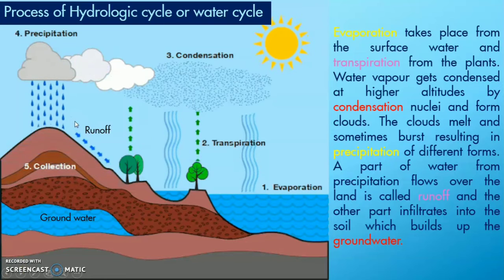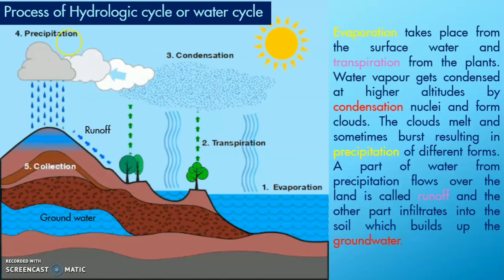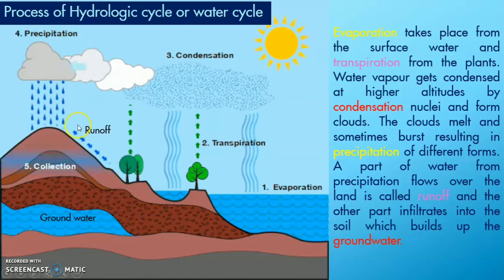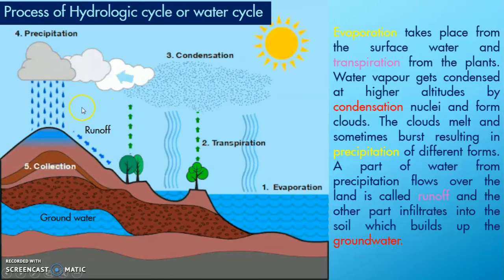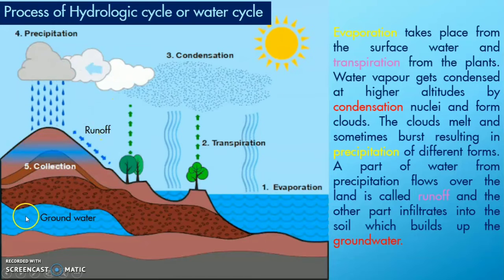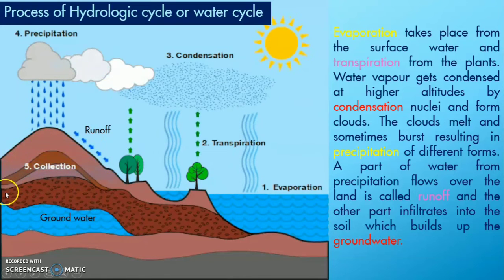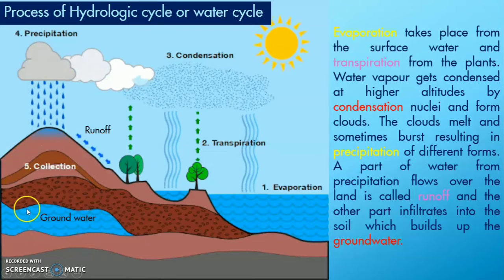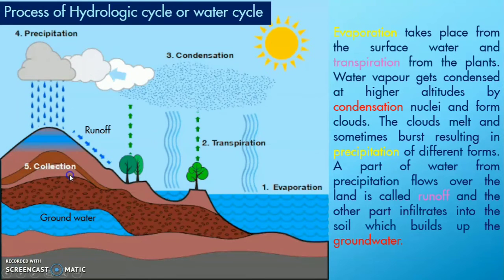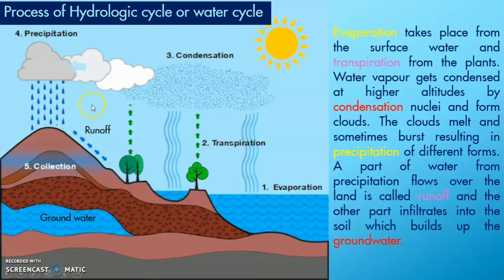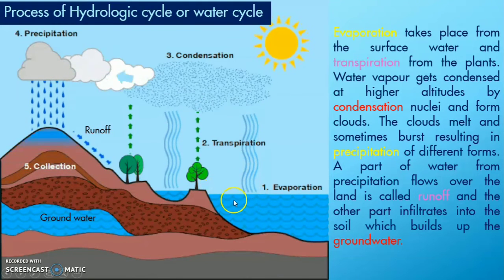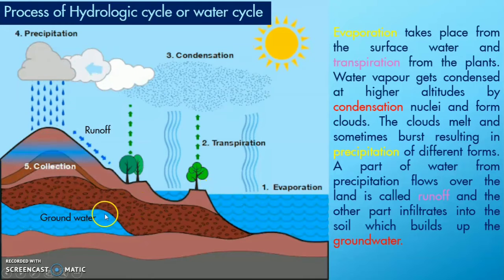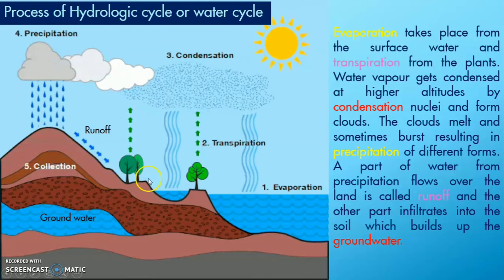Next, a part of water from precipitation flows over the land and this is called as runoff, and the other part infiltrates into the soil and builds up the groundwater. Is it clear? Now, the runoff water again flows into the oceans, seas and other water bodies, and the groundwater is absorbed by the plants.